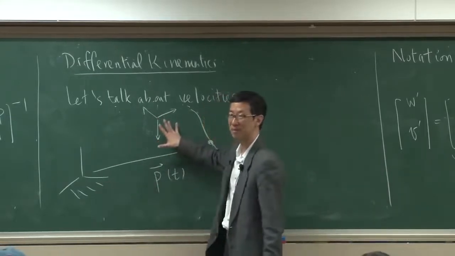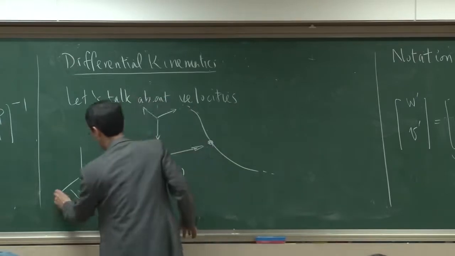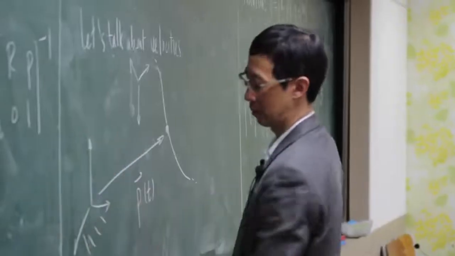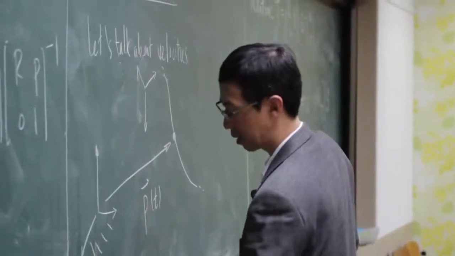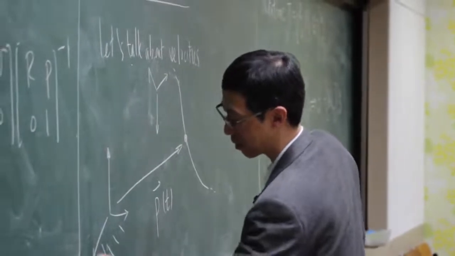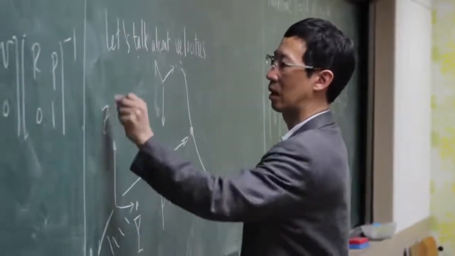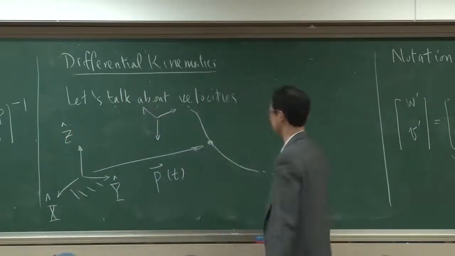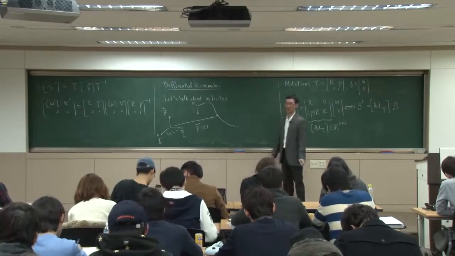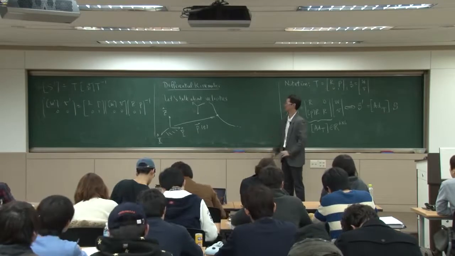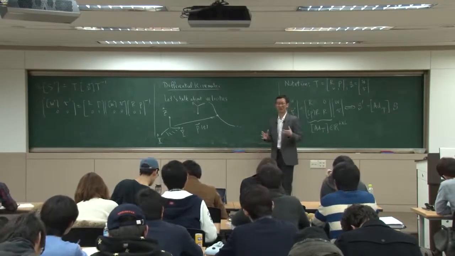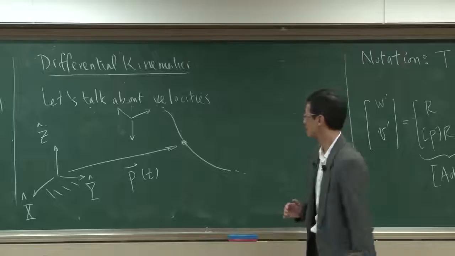This frame is moving. All right, so let's call this fixed frame large x, large y, and here's large z. Okay, and to make this example a little bit more real.